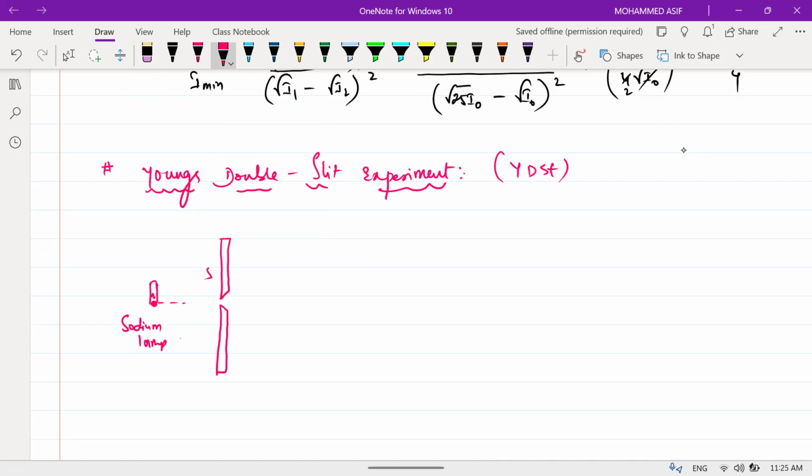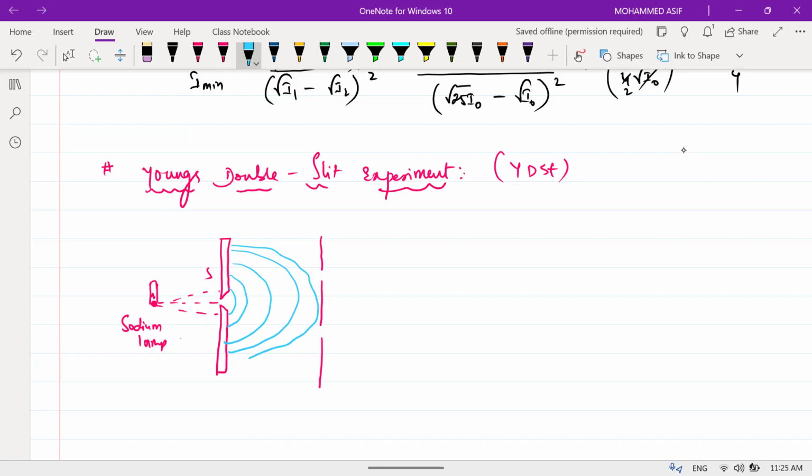So light from this one will pass like this. And here again, we are keeping a double slit. Two small openings are present here, like this. So light from this one will go in the form of spherical wavelets in the outward directions.